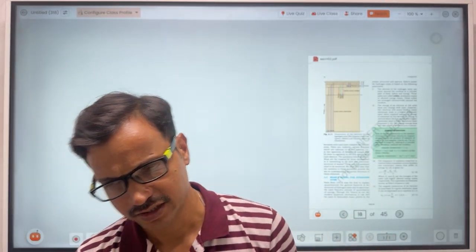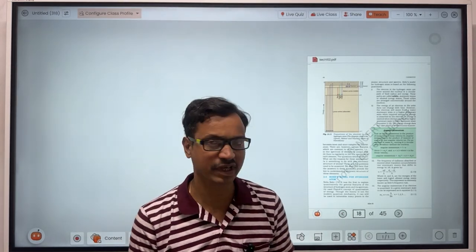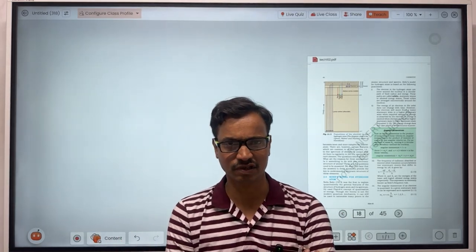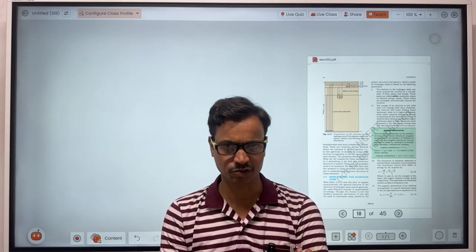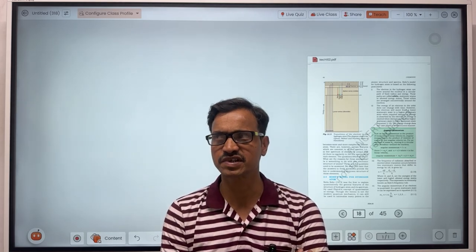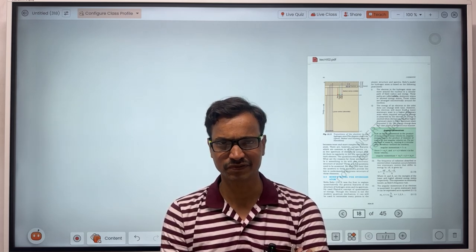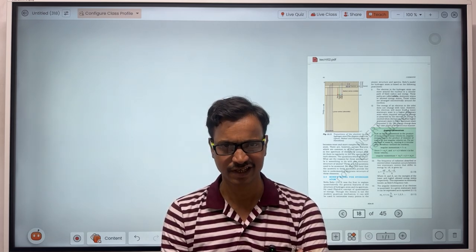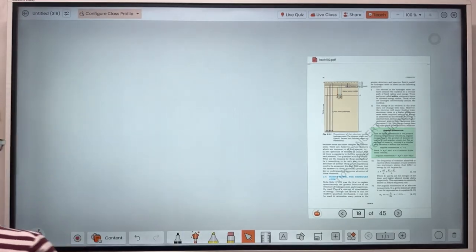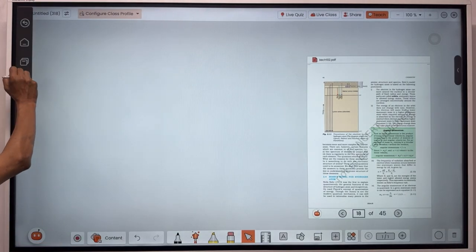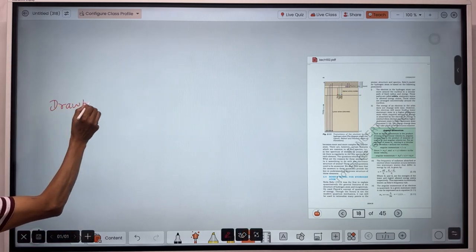So if there is some accuracy in the calculation of the position of the electron, there will be some inaccuracy in the calculation of the momentum of the electron.